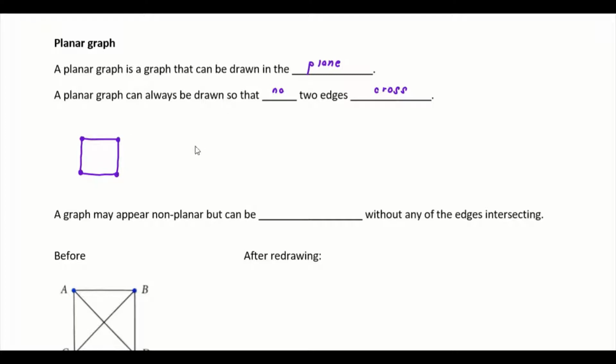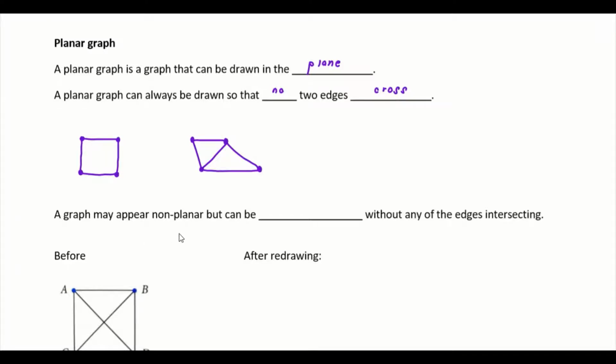Even if I draw something like this and continue on, as long as the graph comes out on a plane and none of the edges cross over each other, it is called a planar graph.